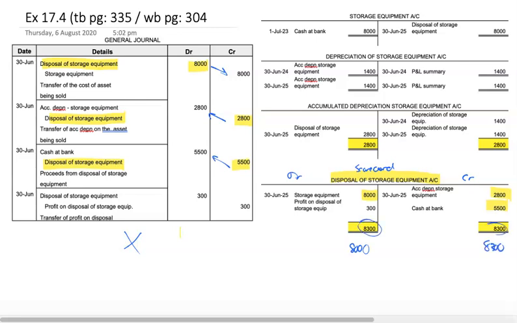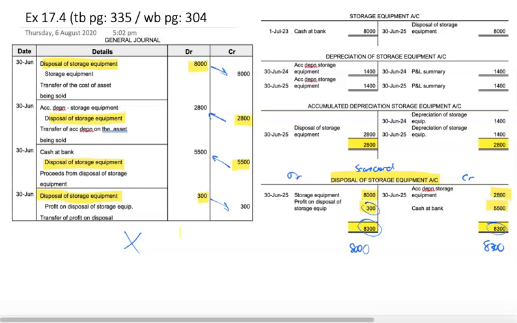Now clearly they need to balance, and the only way we can do that is have a $300 debit. And this is where our $300 debit comes in here, and our cross-reference was our profit or revenue, profit on disposal of storage equipment. And that's how you would pick up your general journal to update your ledgers for disposal, which is a common exam question, using your cross-reference understanding.